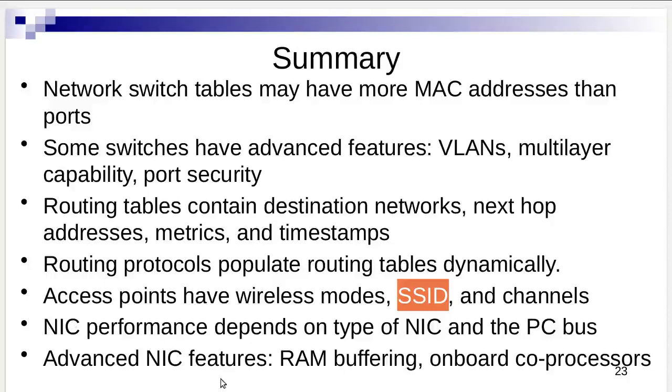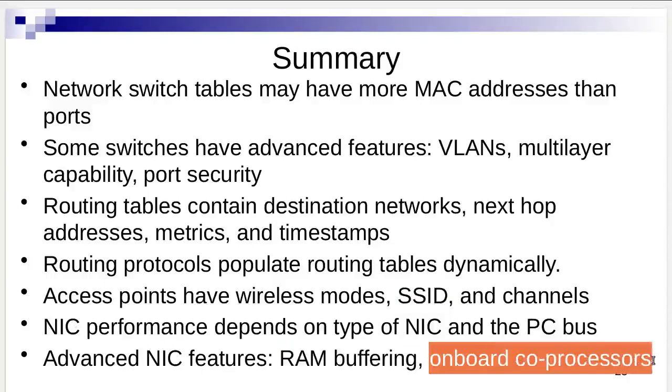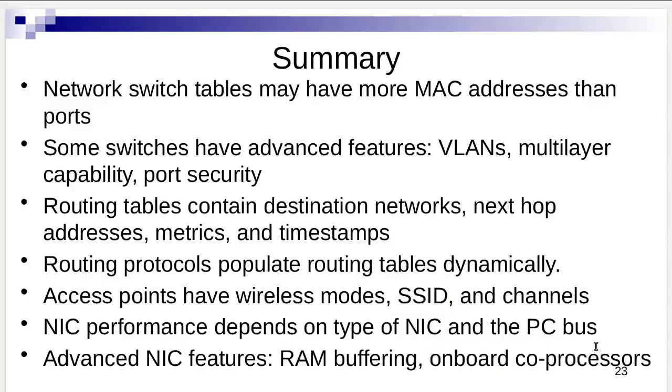And we took a very brief look at how you can have enhanced features like using more memory to buffer data going out or data going in. You can have more complicated coprocessors to speed up your network traffic and so on.